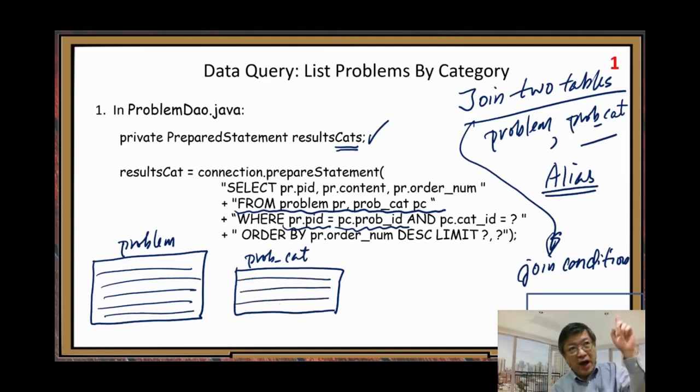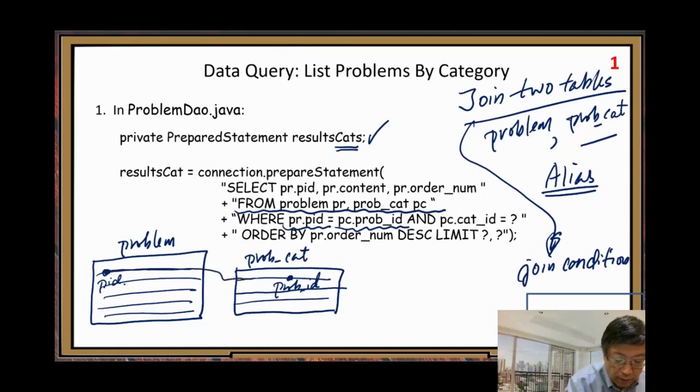So now, in table 1, when you see the PID, the problem, you have prob_ID, right? If they have the same value, then this line you can join together.